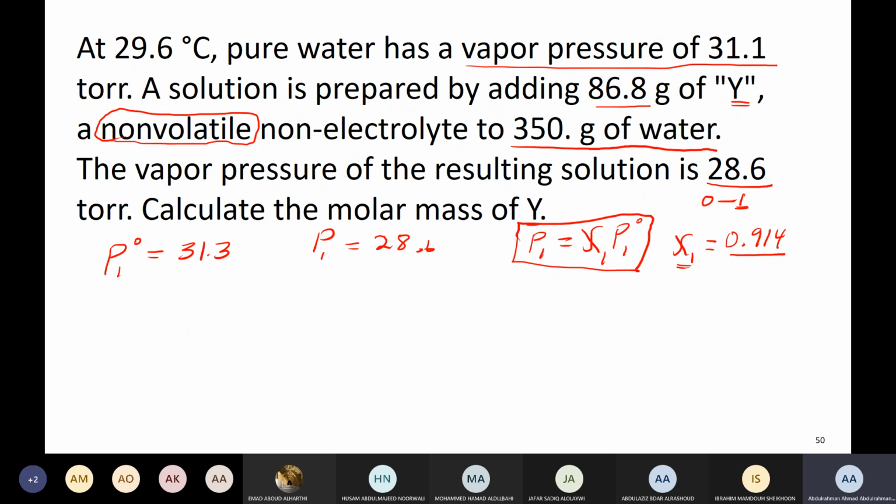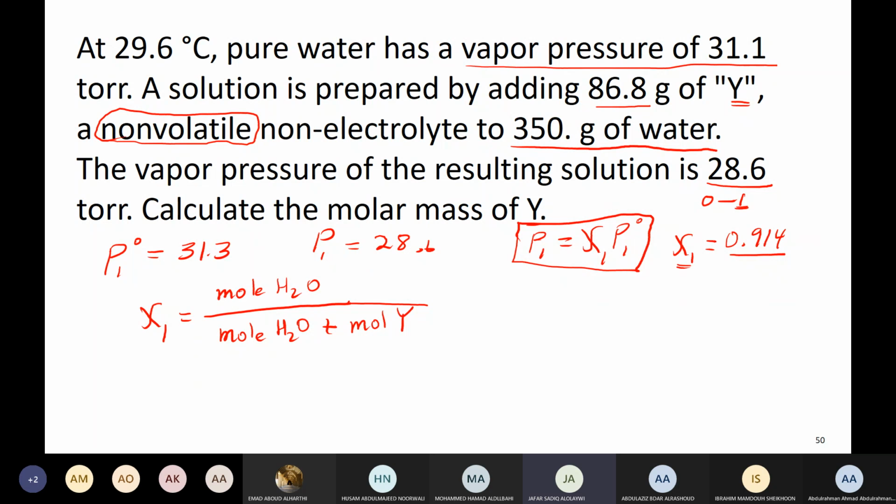Good. Now, what is X1? It's the mole fraction of water: mole of H2O divided by mole of H2O plus mole of Y. I think the mole fraction equals 0.919. Yes, 0.919, because you wrote 31.3 and in the question it is 31.1.